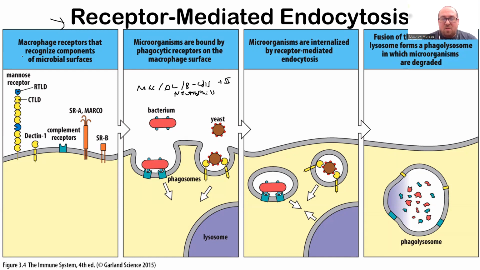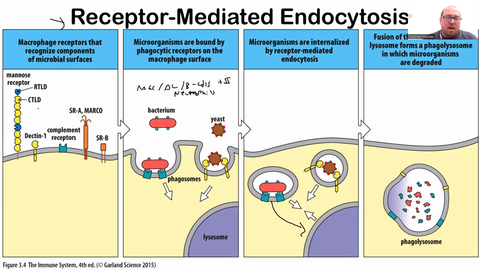So the ability to sense and endocytose whole microorganisms, and in doing so, always having the fate of bringing these particular endosomes to the lysosome or other killing compartments within the cell.